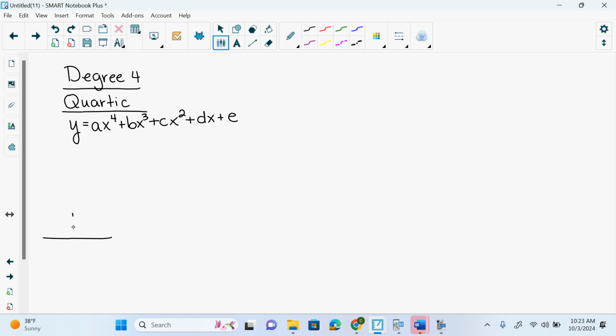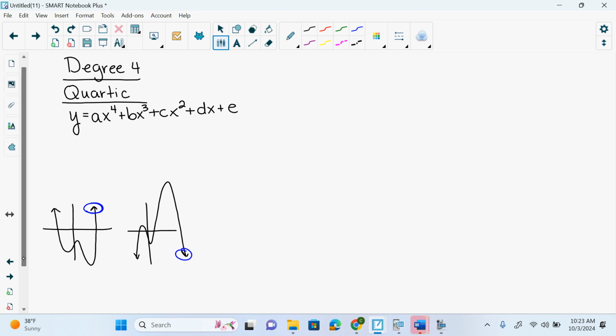Now quartics either look like a W, they could look like a really nice W, or they could look like an M, but the M could be kind of wonky. It could be like that. Still an M, correct? What would this one have? What type of leading coefficient? And what would this one have? And they're in the same direction, so we know it's an even degree, right? So this would have a negative, that's a lie, positive leading coefficient.